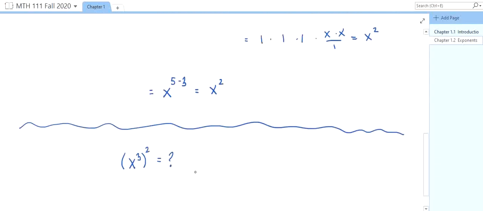Okay, well, what about x cubed, quantity, raised to the 2 power? What's going on there? Well, that's the same as x cubed, I'll use parentheses here, times x cubed, which we saw was x to the 3 plus 3 equals x to the 6th.